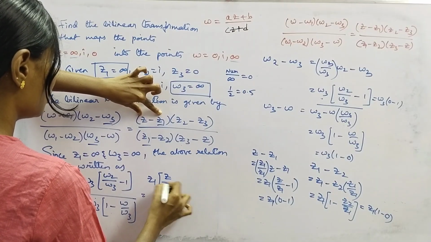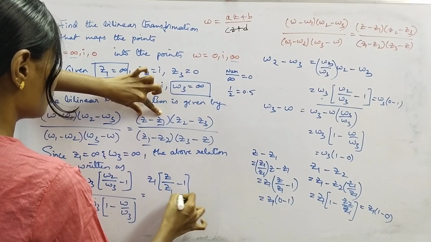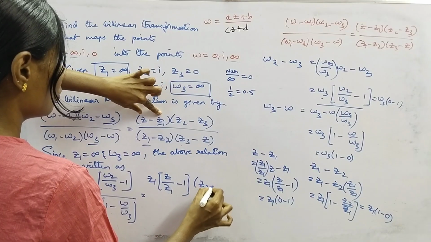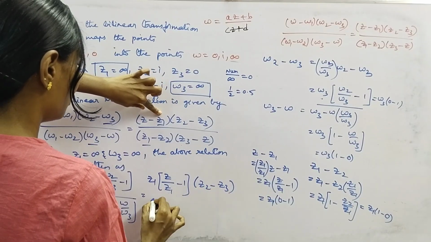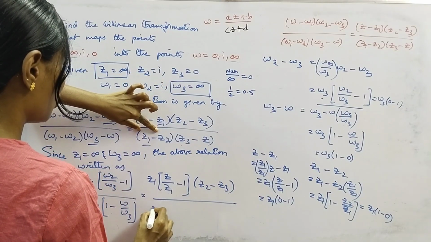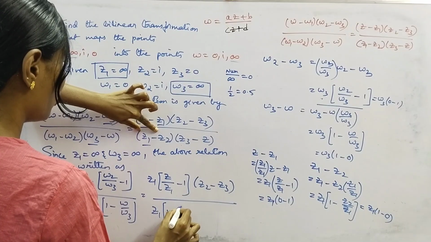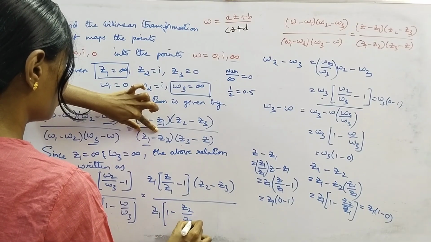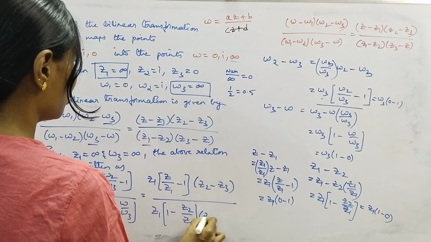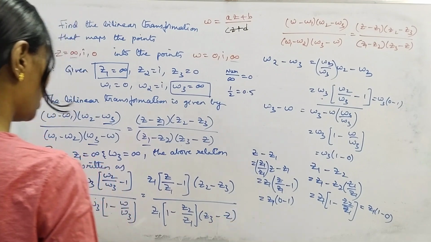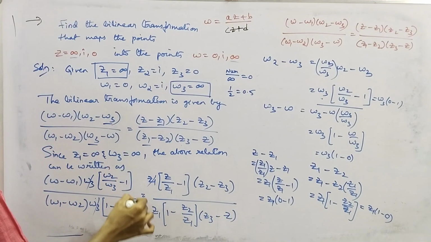Into Z2 minus Z3 by, here take Z1 common, you'll get Z1 times 1 minus Z2 by Z1 into Z3 minus Z, right? Cancel this omega 3 and Z1.